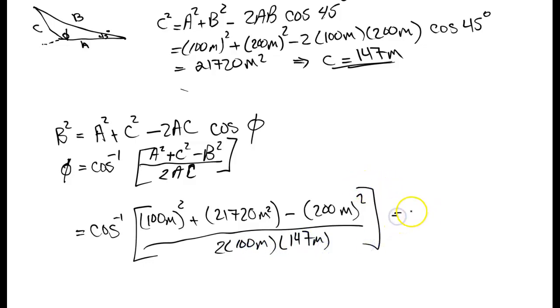Plug that in and you get an angle of 106. And now theta, which is what we're calling the angle here, would be 180 degrees minus 106 degrees, which is again exactly what we got before.